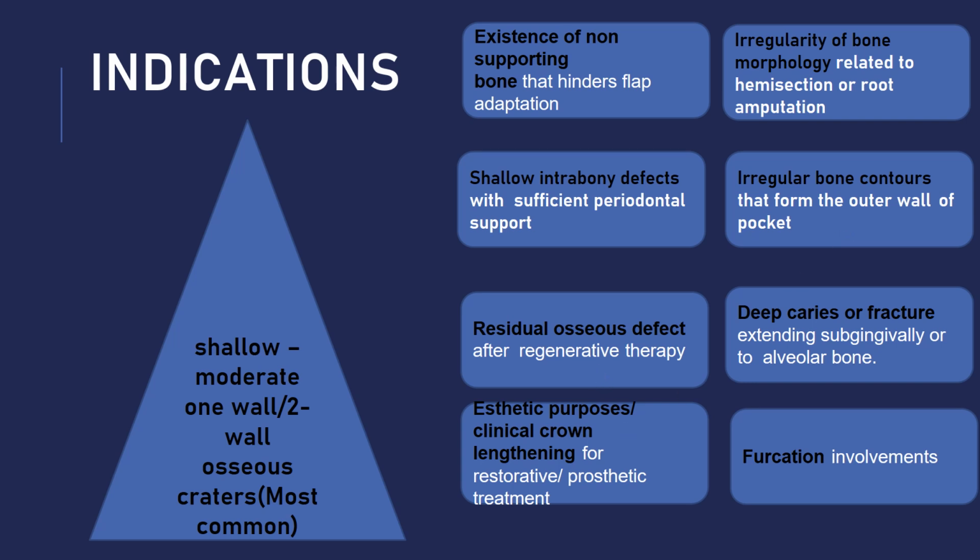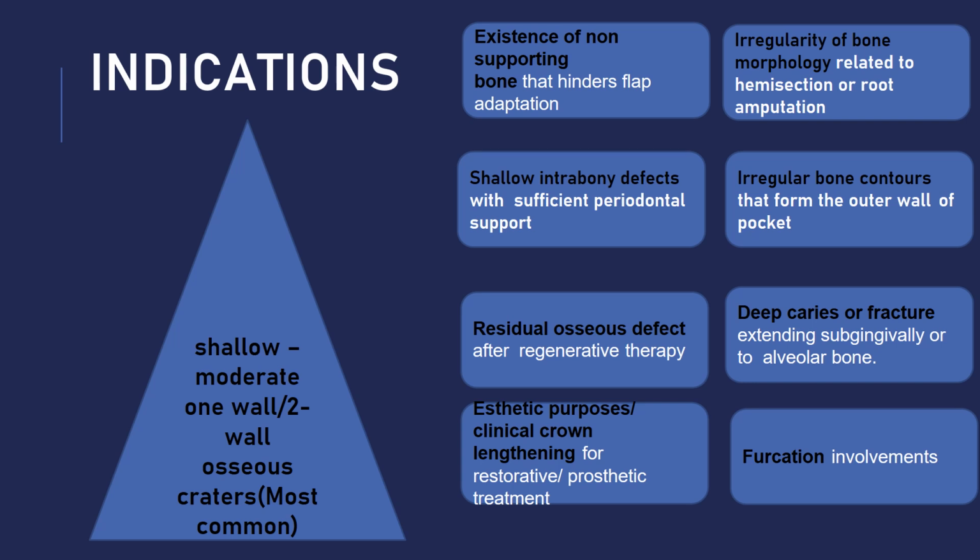Then a residual osseous defect, as we said before, after regenerative therapy with bone graft in three wall defects, if some residual osseous defect remains, it can be removed by this osseous surgery. In case of deep caries or fracture extending subgingivally to the alveolar bone, we need to remove some bone to get access to the caries.